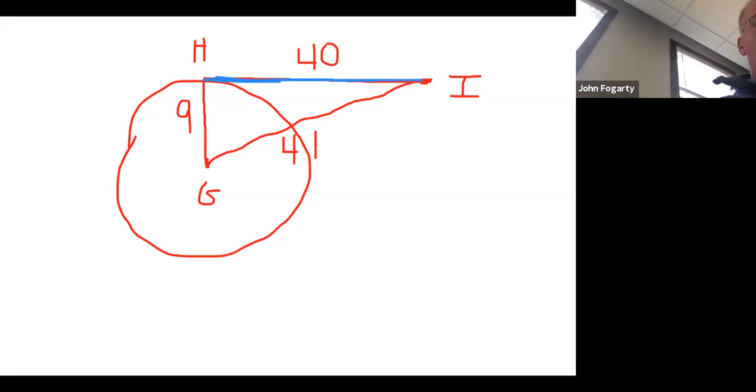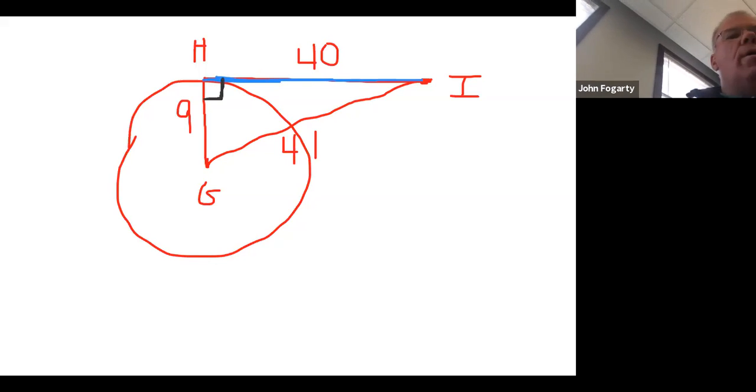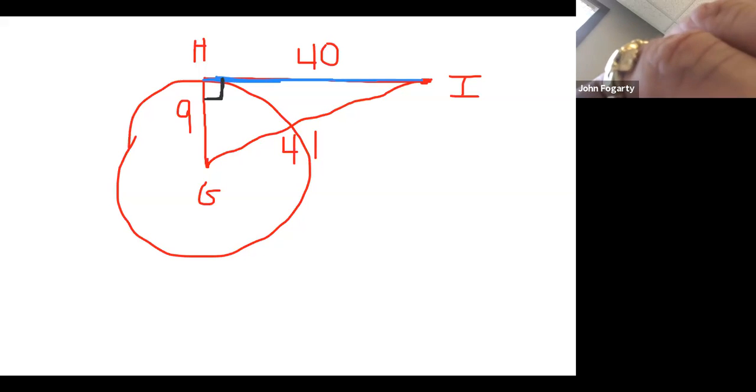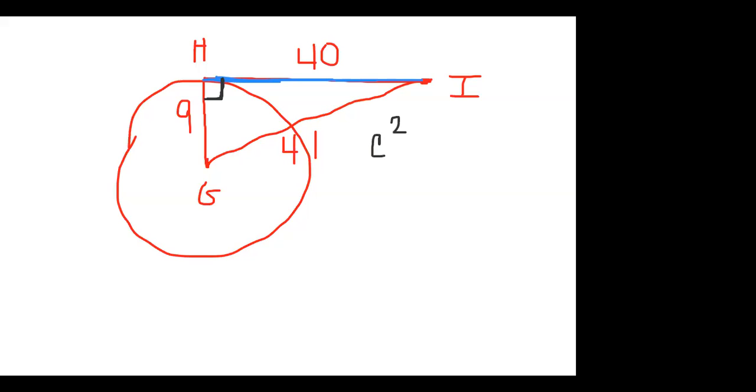Well, if it is, what do you know? That would be perpendicular, right? So what would have to be true? Then GI and HI would have to be congruent to each other.